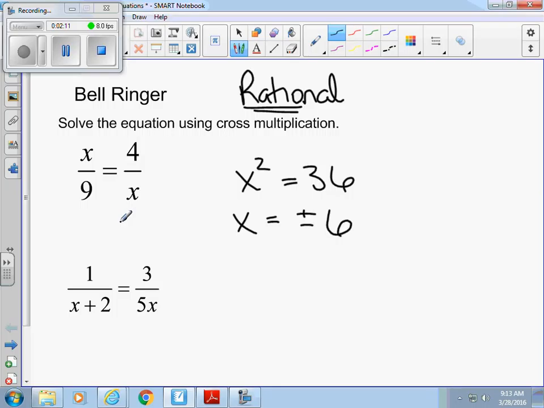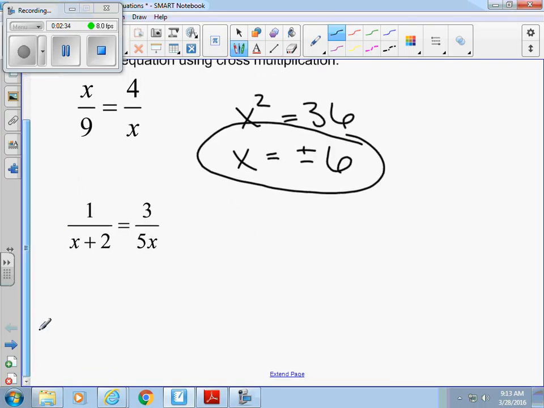How could you find out? Plug them both in your calculator and check, right? Does -6/9 equal 4/6? Yeah, looks good. Any questions about that one?